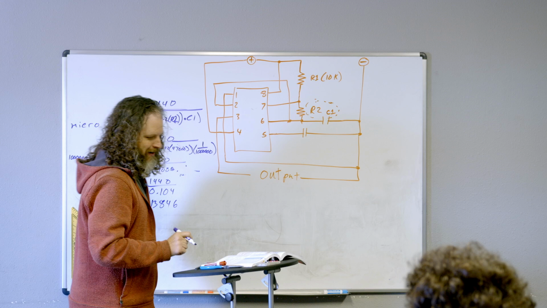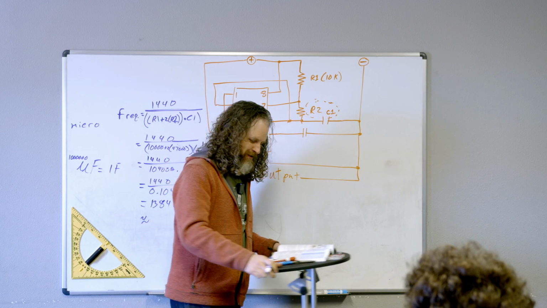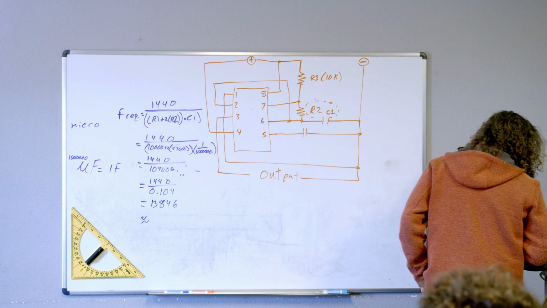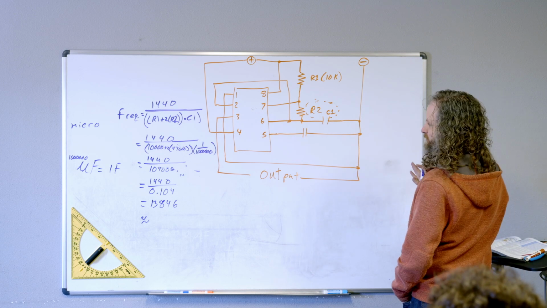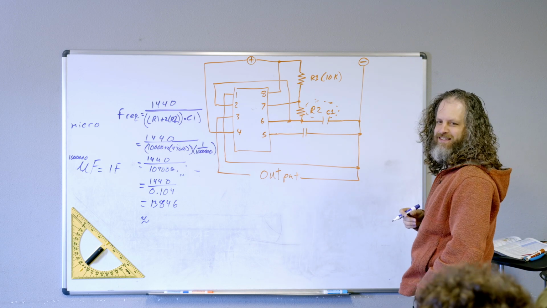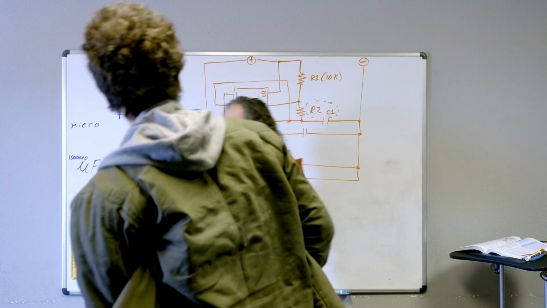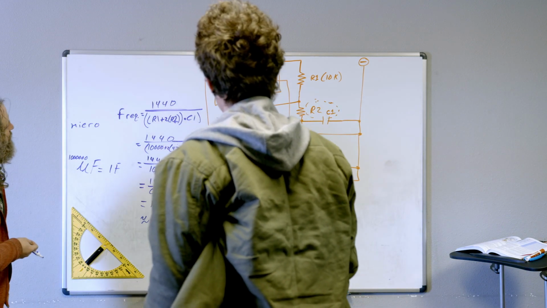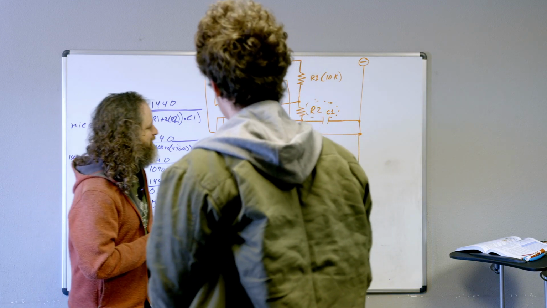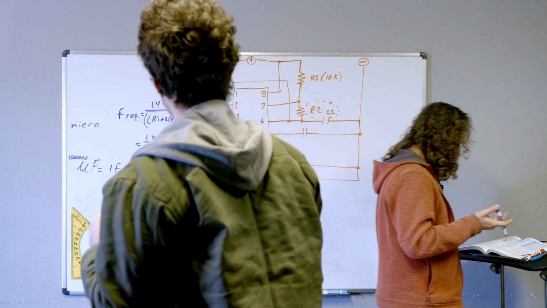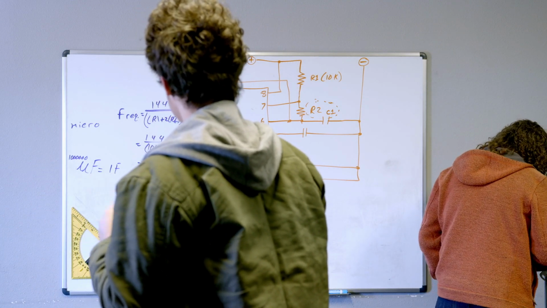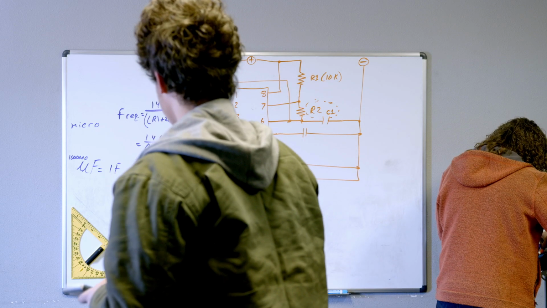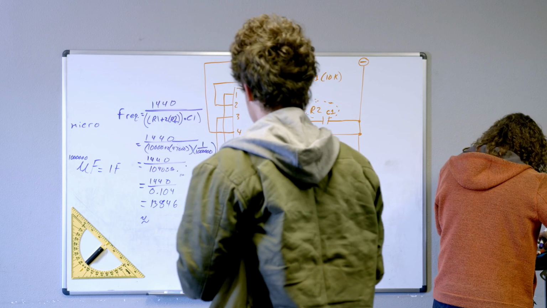Let's figure out what we're doing wrong using algebra. So you said you had a 470K. You're sure it's a 470K? No, it's a 47K. Well, we were doing the math on a 47K. I'm looking at the wrong place on the chart. 47K and a 1 microfarad, 14 is what they're saying.